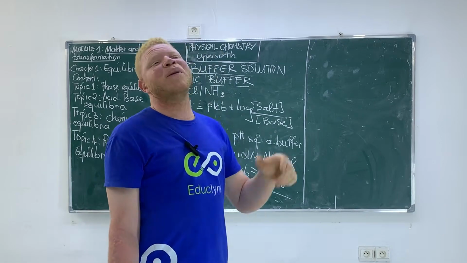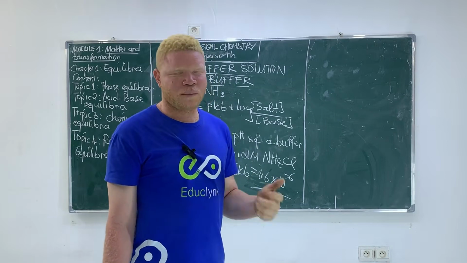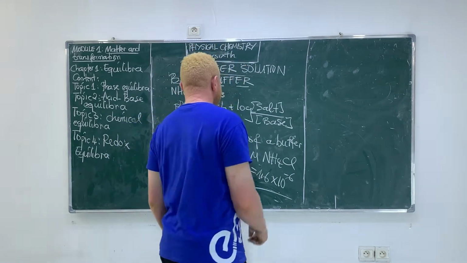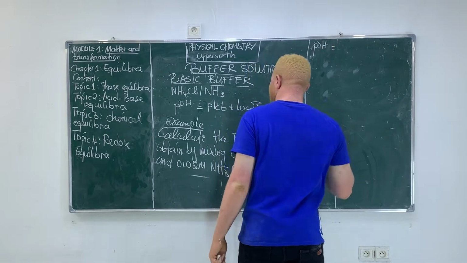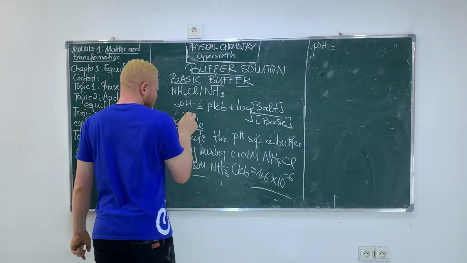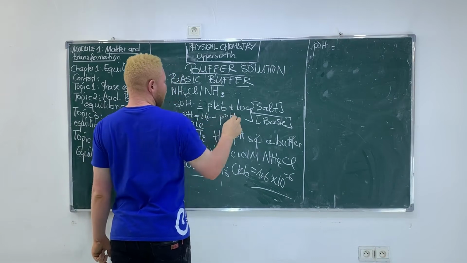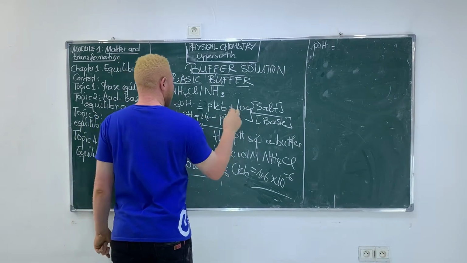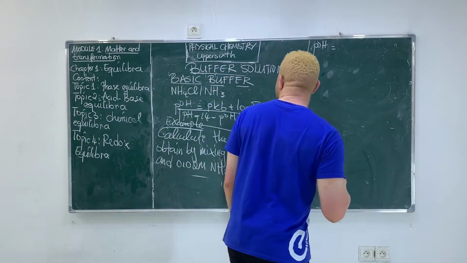So we have to calculate the pOH first, and then pH is 14 minus pOH. So first of all, calculate the pOH.